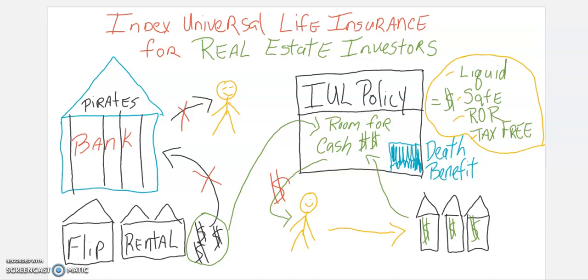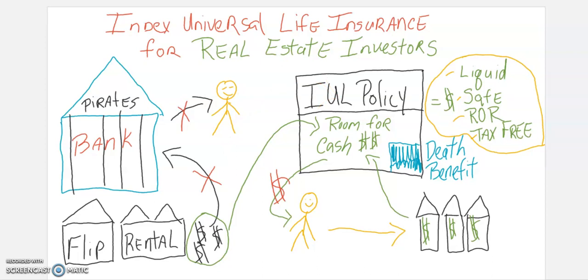So what I'm about to show you is, even if just a portion of your profits from your flips, your rental cash flow or your cash-out refis, why don't we reposition that from the bank and the pirates into your IUL policy, or let's just call it your own bank, right?